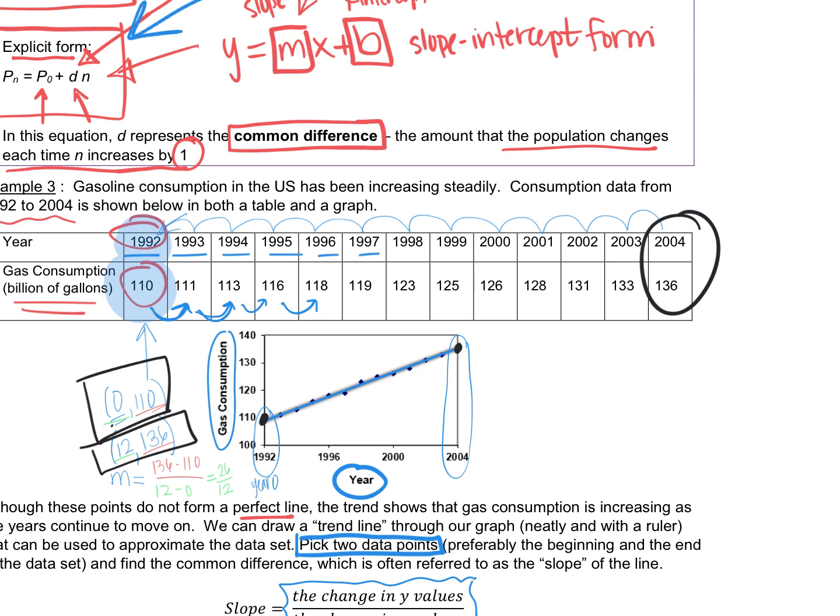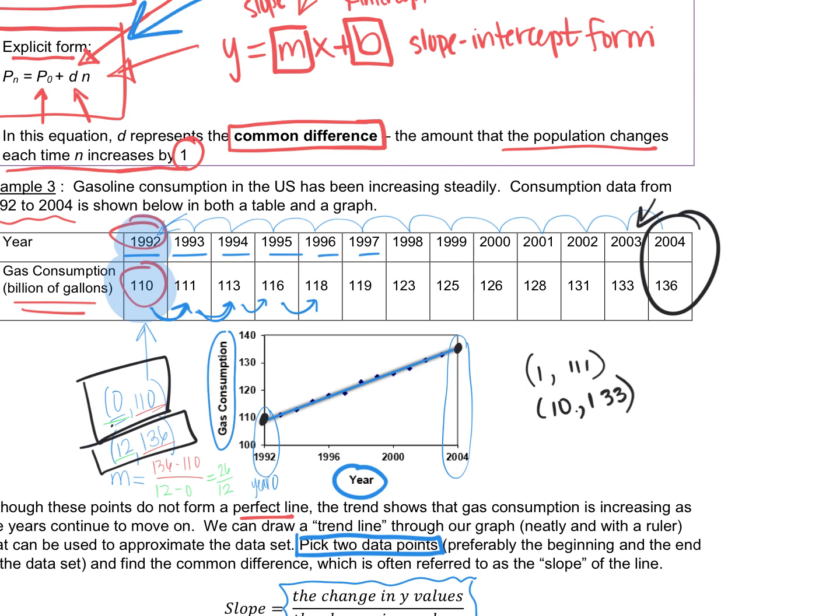If, for example, you used the 111, which would be 1993, so year 1, with the year 2003, that would be 10 years later, and that consumption was 133, you're going to have a slightly different answer.